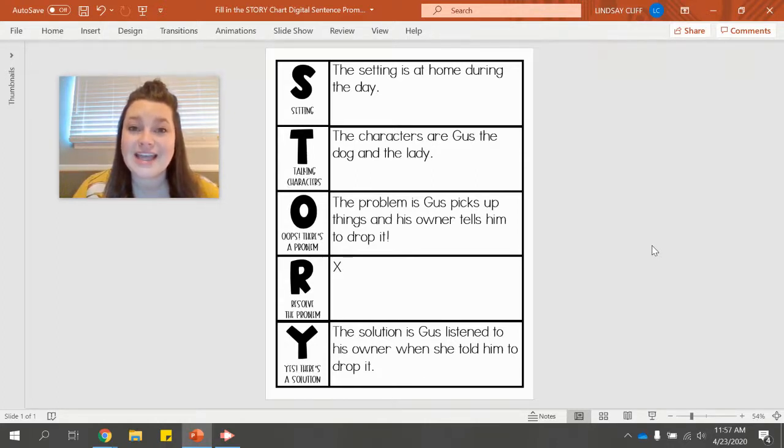The problem today, we said that Gus picks things up and his owner has to always tell him to drop it. R is for resolve the problem. We didn't talk about that today. Y is for yes, there's a solution. And we said that the solution is Gus listened to his owner when she told him to drop it.